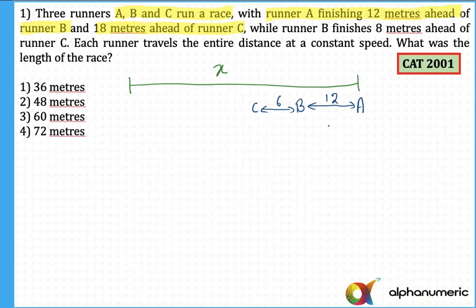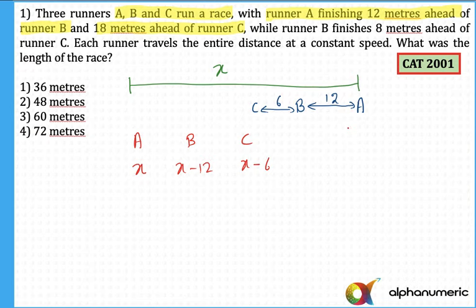So in the same time, what is constant here? Time is constant here. So if the time is constant, I can say what is the distance traveled by A, by B and by C. When A traveled X, in the same time, B will travel X minus 12, and C has traveled how much? X minus 6 here. Okay. So this is the distance traveled here, and we know if the time is constant, ratio of speed is always equal to ratio of distances.